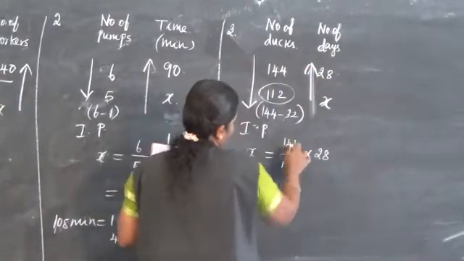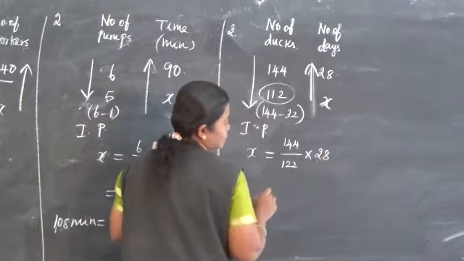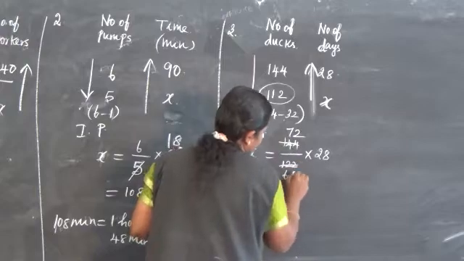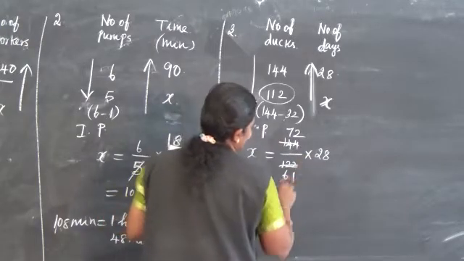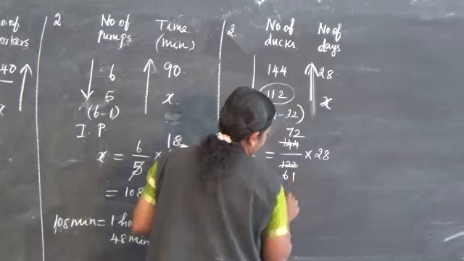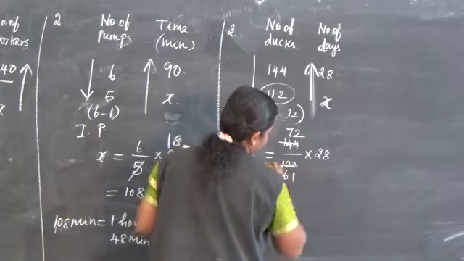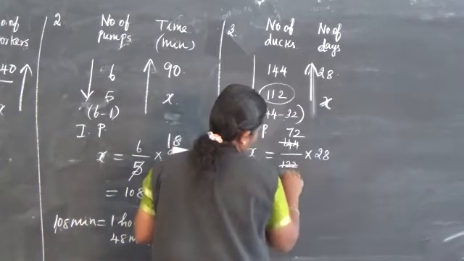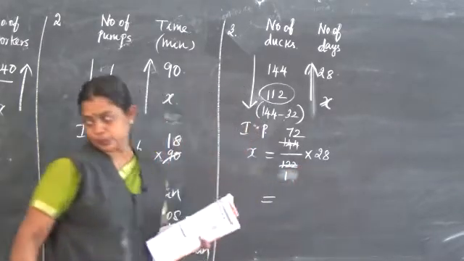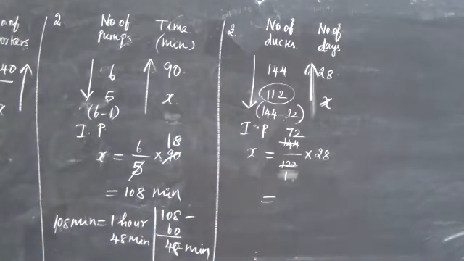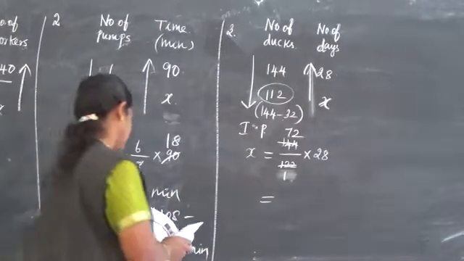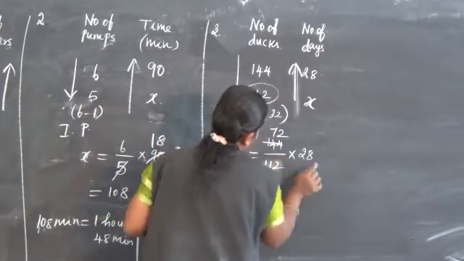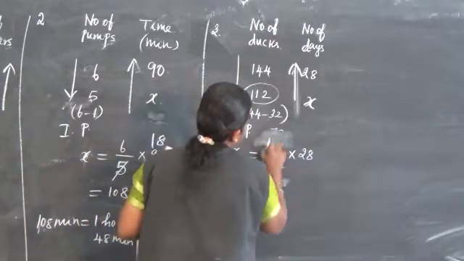So it is an inverse proportion. As it is, you should write 144 by 112. Sorry dear, 112, I had written 122, that's why I made a mistake. Here 28, go for the 2 table, 72. Go for the 7 table.